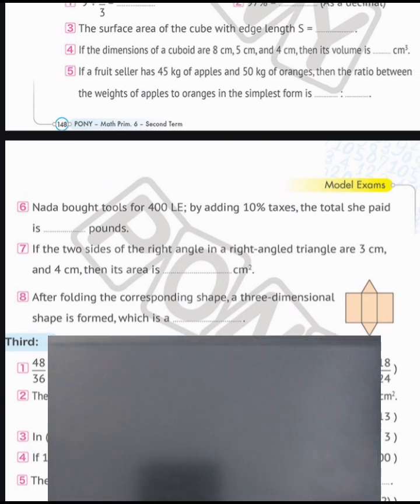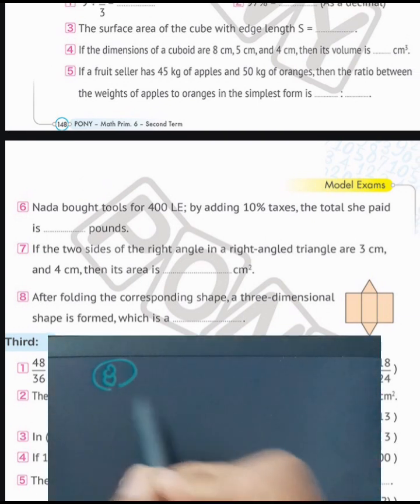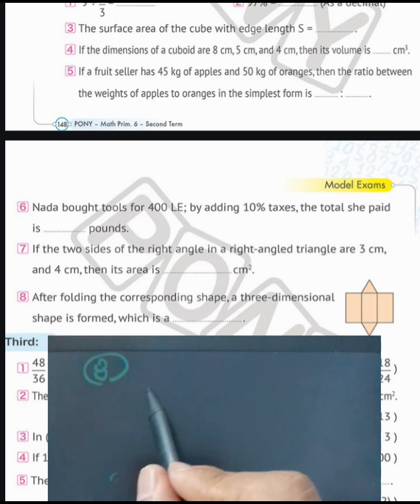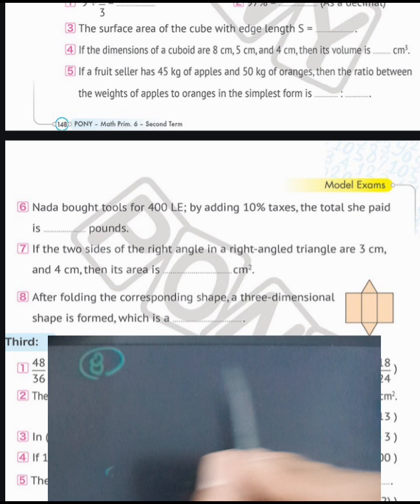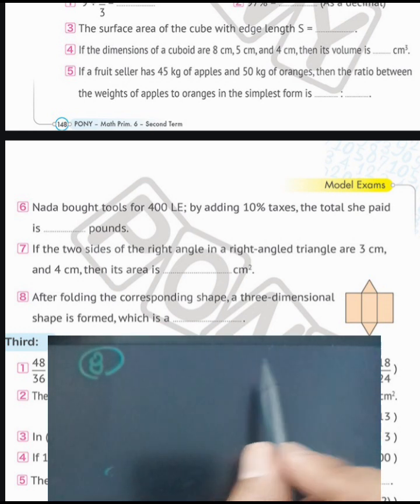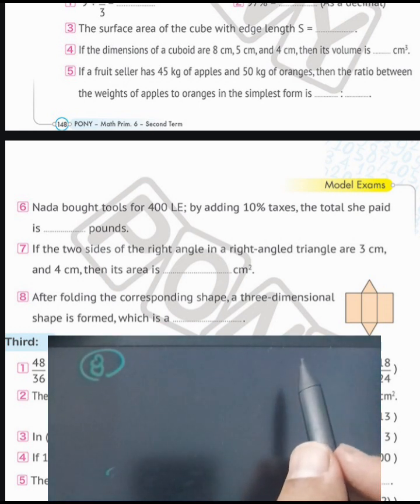Question 8. After folding the corresponding shape, a 3-dimensional shape is formed. We have a prism here.